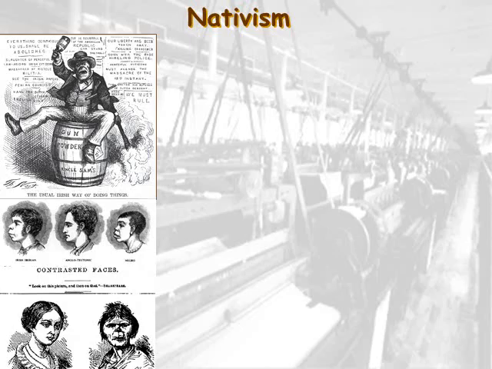They were seen as very violent. It says the usual Irish way of doing things, and he's sitting on a barrel of gunpowder. Irish were depicted as alcoholics. That's why they're often seen carrying booze. Irish weren't considered white. This is supposed to be a scientific drawing where it shows an Anglo-Saxon person, so someone who's English by blood, not Irish.